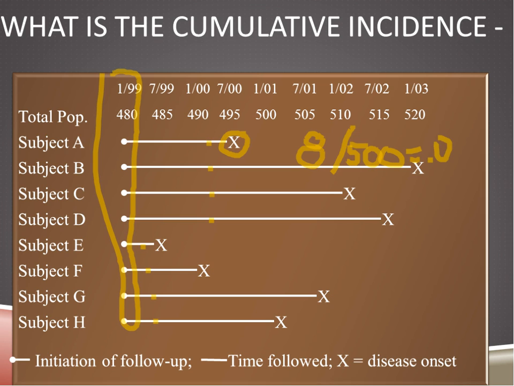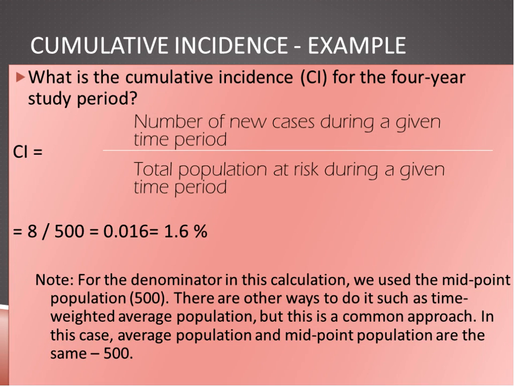You could probably do this faster on your calculator. So the number of new cases during a study period over the total population at risk during a particular time period. And this is our cumulative incidence.